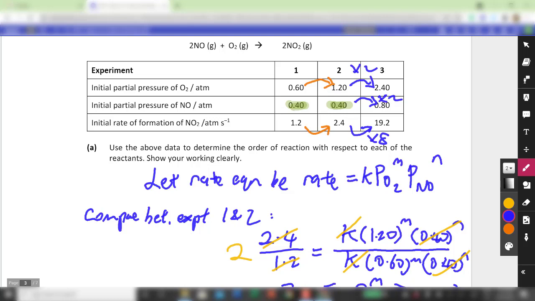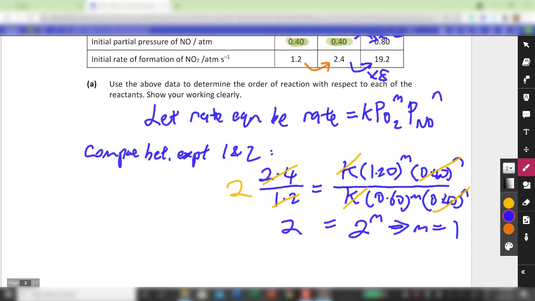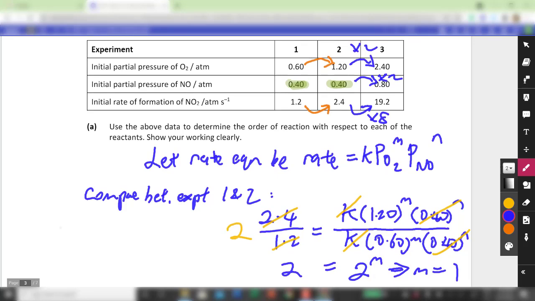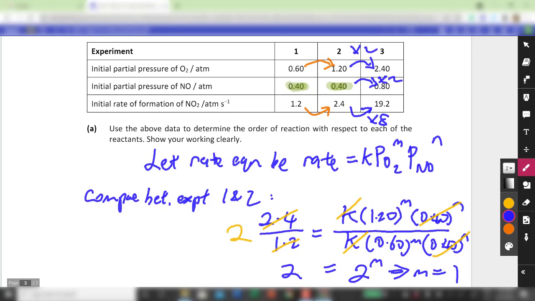For example, you could say that from the above working, the order of reaction with respect to oxygen is 1. Therefore, when you double the initial partial pressure of O2 from 1.20 to 2.40, if the order of reaction with respect to NO is 0, you expect the initial rate of formation of NO2 to double from 2.4 to 4.8.